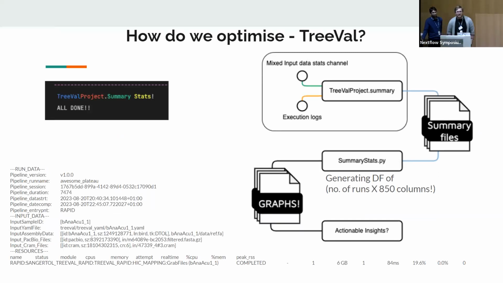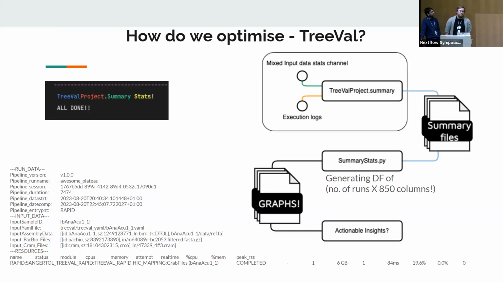So to combat this, we decided we needed to add some context to the execution logs. What I've done is write a very simple Groovy module, which we shoved into the pipeline, that collects some very basic statistics on the input of the pipeline.